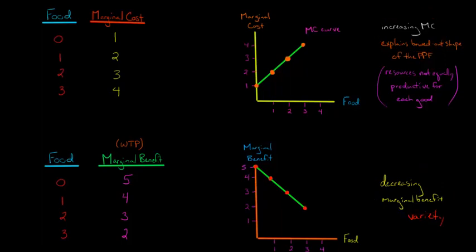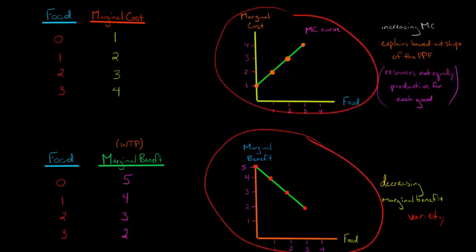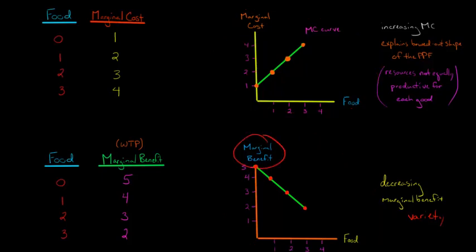We want to know where the point of allocative efficiency is. What is the amount of food and clothing at which everyone would be best off? We can take the marginal cost curve and map it onto the marginal benefit curve. The y-axis is marginal benefit, but let's say it's marginal cost or marginal benefit, or you could just put a dollar sign.